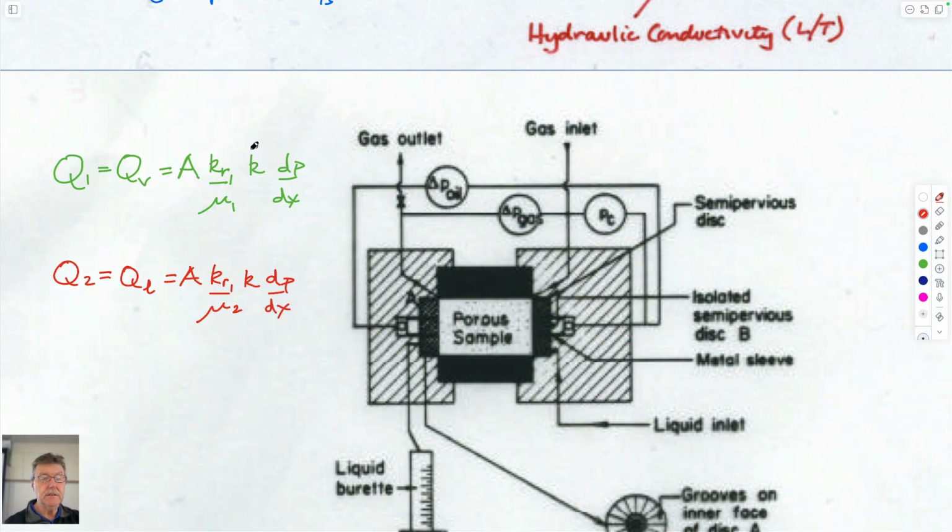So these two numbers are the same because the permeability is a function only of the material and not of the fluid that's saturating it. So we had this relationship, permeability over viscosity of the fluid equals hydraulic conductivity over rho g.